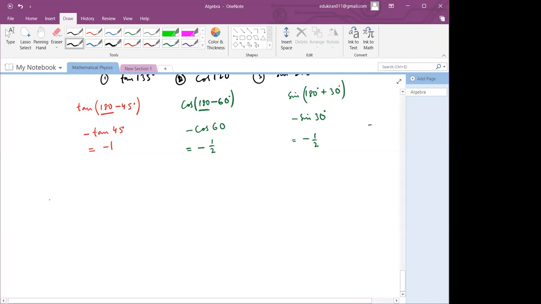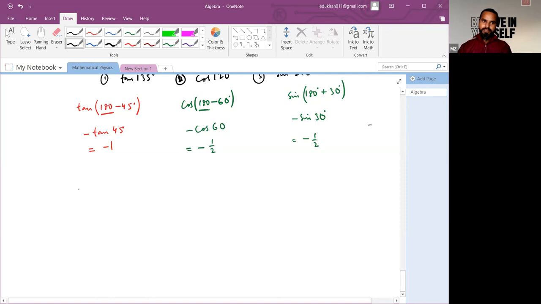Okay. Now the next part in this particular trigonometric term is to define the sum or difference of any two different angles.